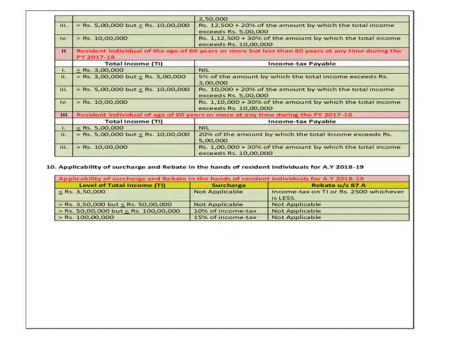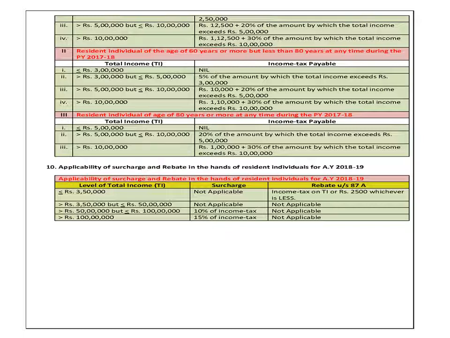Now we are going to see resident individuals of age 60 years or more but less than 80 years. That is, for age of more than 60 years but less than 80 years, if the total income is lesser than or equal to 3 lakhs, the income tax payable is nil.